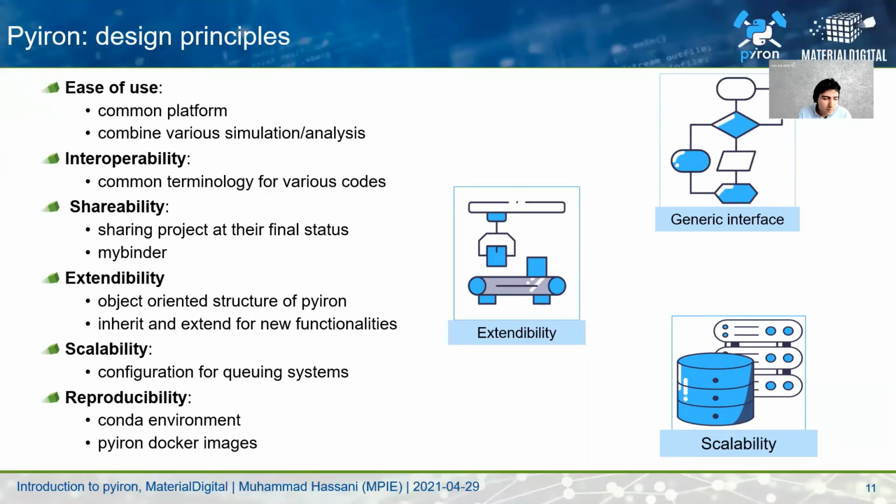As I showed in the previous example, Pyiron can easily submit your workflow to an HPC cluster and scale it up easily with numerous cores. The reproducibility of the workflow can be ensured via the Conda environment and Pyiron Docker images.